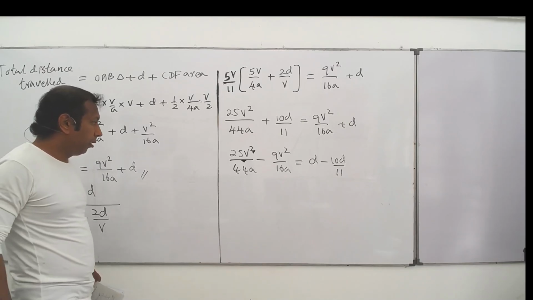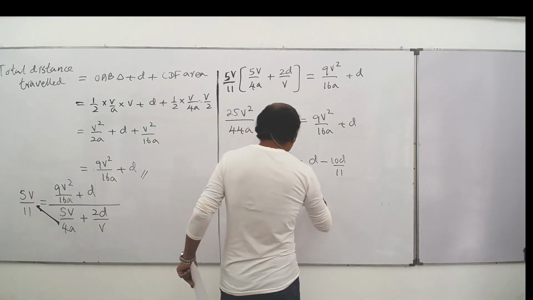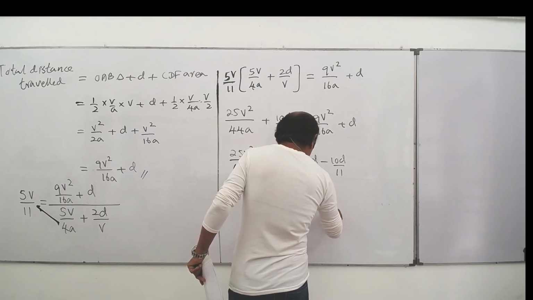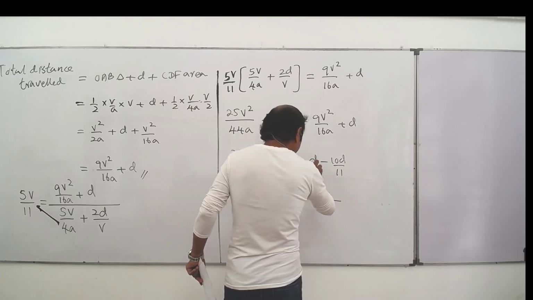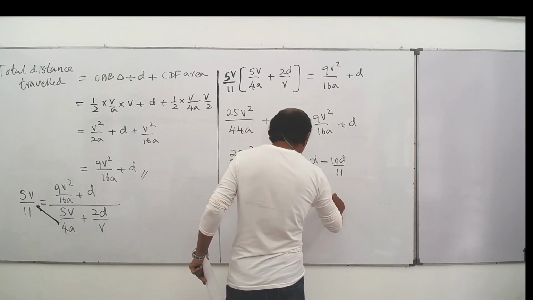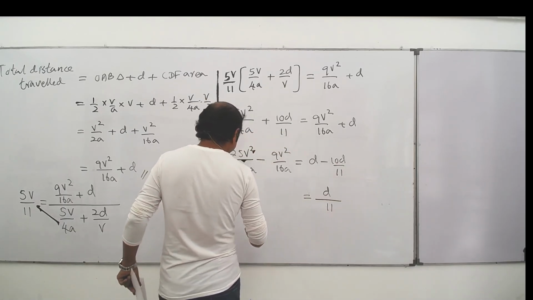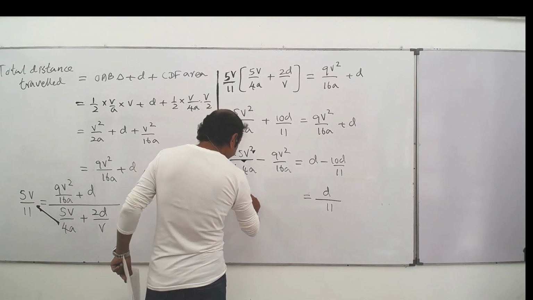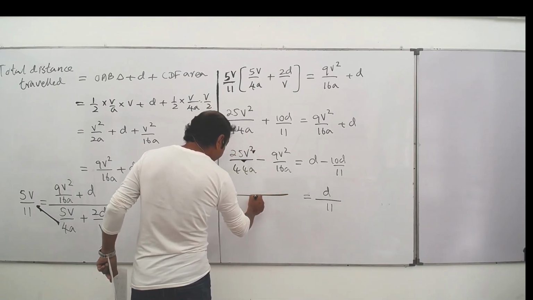Right hand side, you can take common denominator as 11, 11D minus 10D is D. Here, we can take the common denominator.